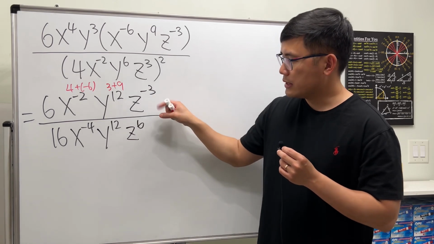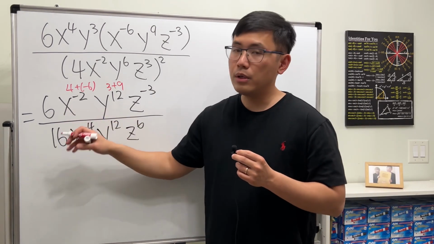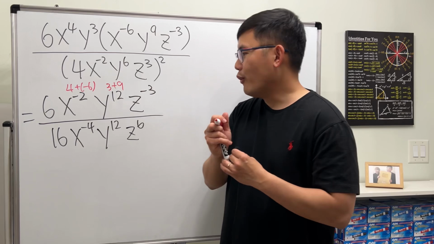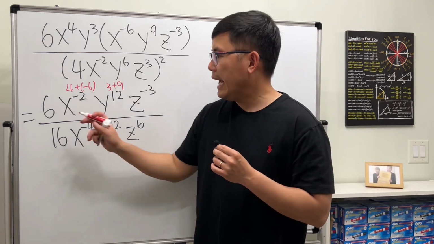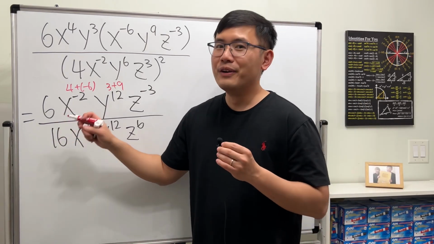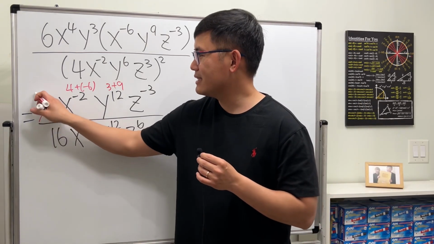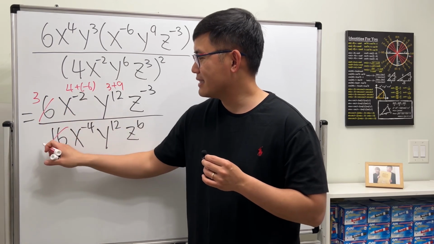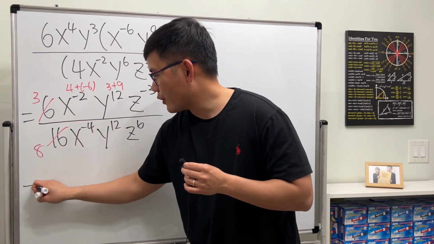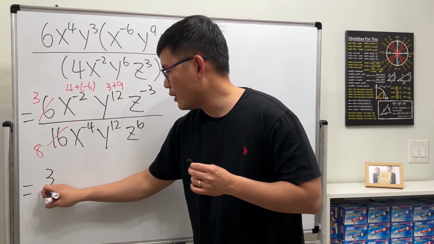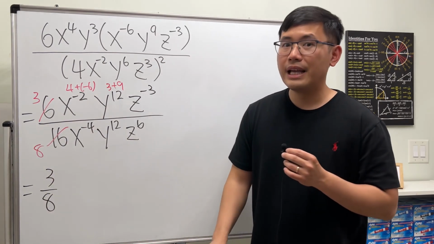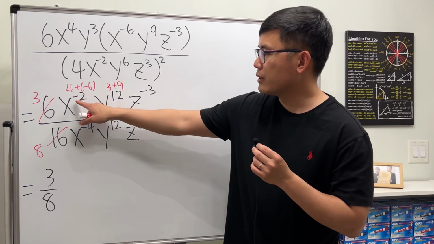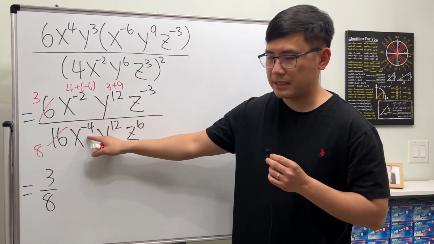Now, to simplify this, regular number, regular way. 6 over 16. 2 goes into 6 3 times, and 2 goes into 16 8 times. So first we have the fraction 3 over 8. Then for the exponents, we are going to do the top exponent minus the bottom exponent.